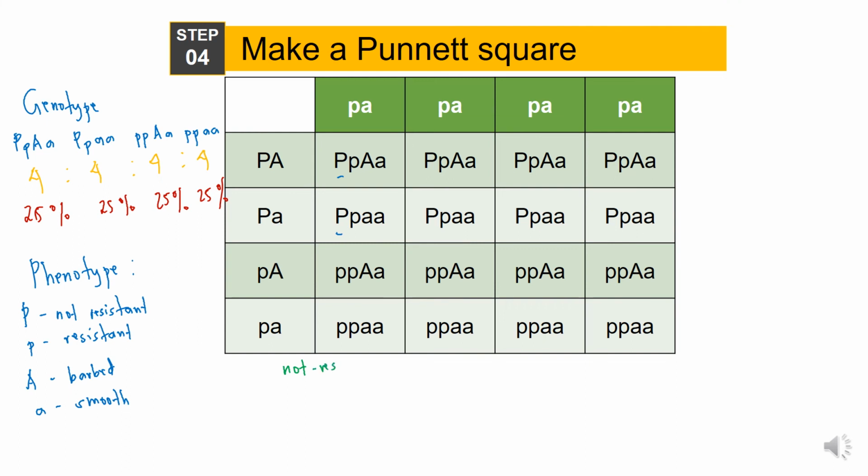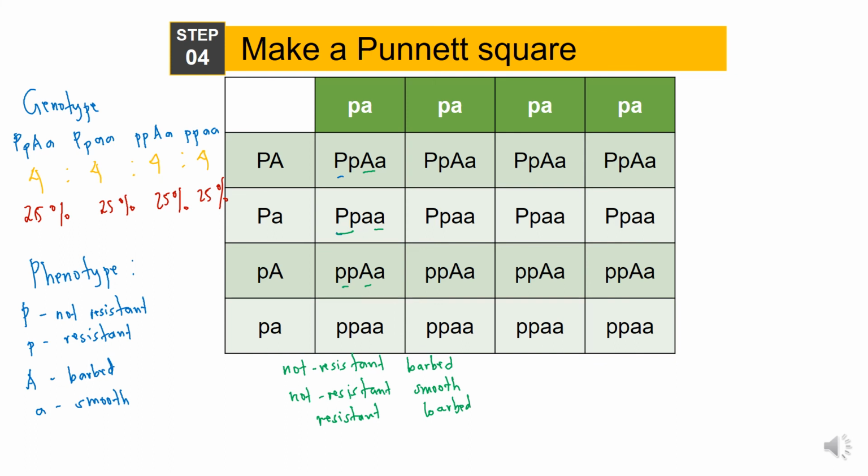Either not resistant and then barbed, okay? Kasi nga, may isang dominant allele tayo dyan, right? And for this one, okay, we have the same, right? Not resistant or non-resistant, to be better. Okay, and then we have the smooth, right? And for this one, we have the resistant. And then we have the barbed.